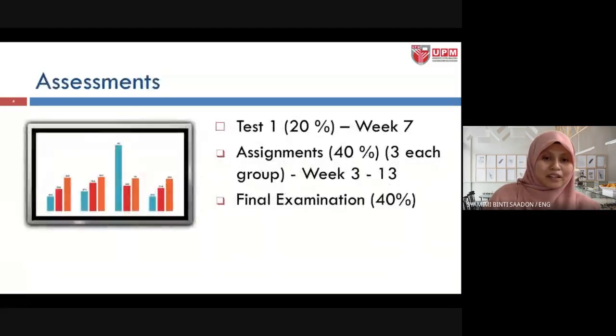Okay, directly the assessment. This is what I have planned, since we are having the course online, so I have to change it a bit so that it's suitable for an online course. Anyway, we need to have a test. That is compulsory. We will have a test around the mid-semester as usual, maybe week 6 or week 7.